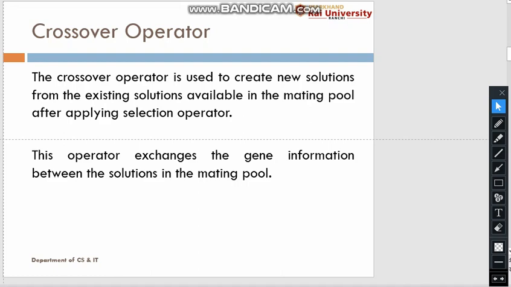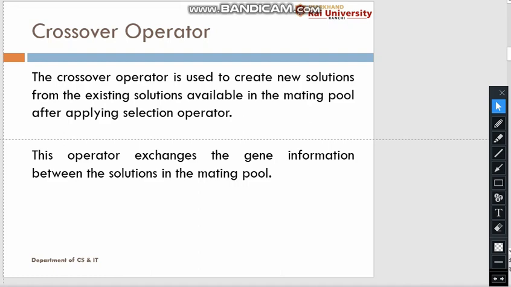Reproduction makes the clones of good strings. The crossover operator is used to create new solutions from the existing solutions available in the matching pool after applying the selection operator. Now we apply this crossover operator in the matching pool with a hope that it would create a better string.